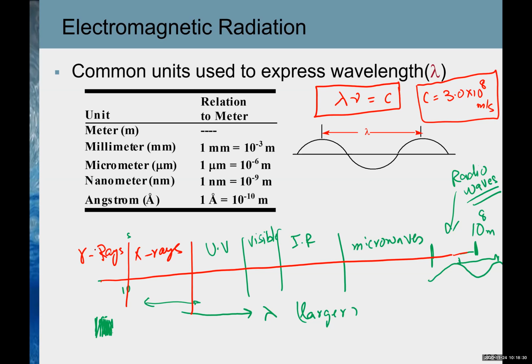Another important property of these radiations is the energy associated with these radiations. Energy is proportional to frequency. Okay, so the energy of any radiation is given by E is equal to h times nu. h is a constant number. It's called Planck's constant.